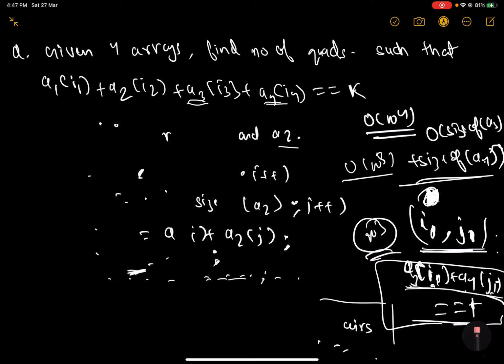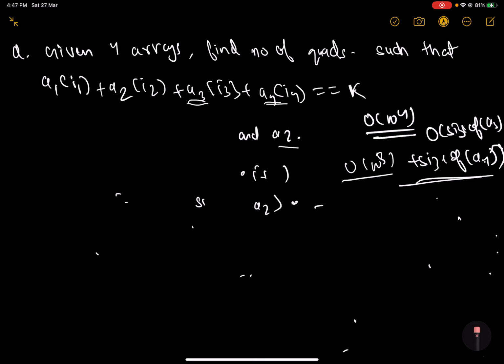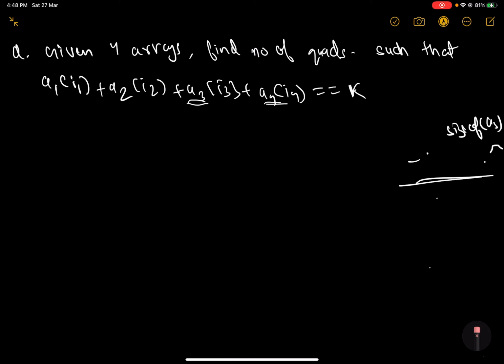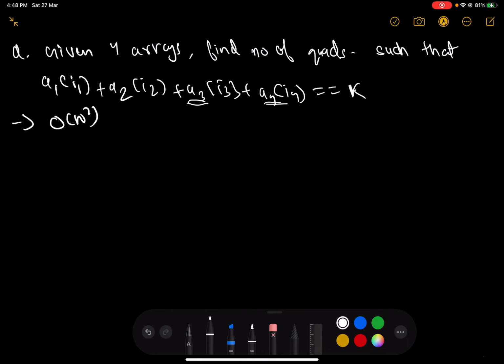The O of n square solution is the one that uses the meet in the middle technique to solve it. Now coming to the O of n square solution that uses the meet in the middle approach.